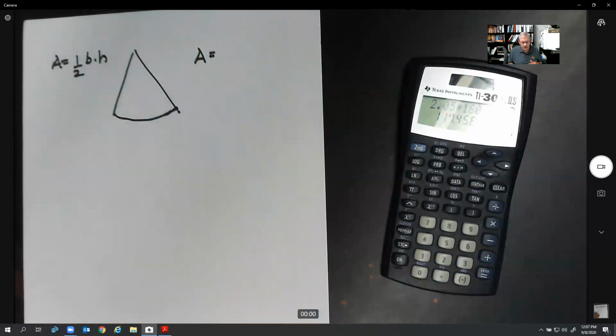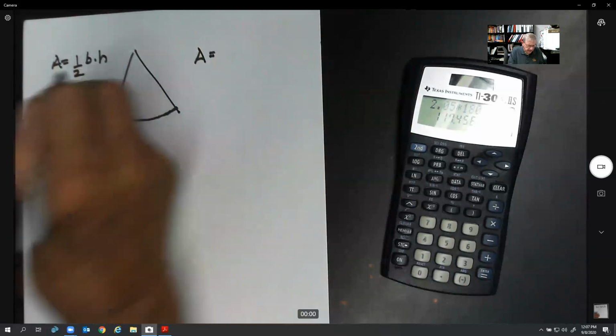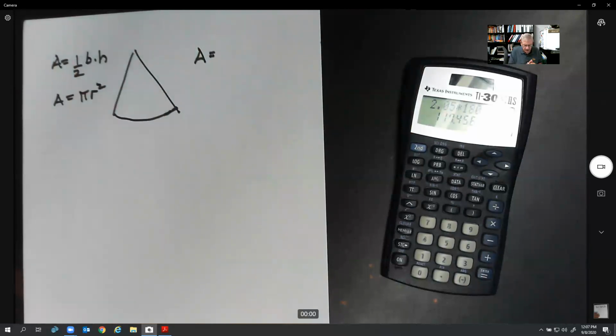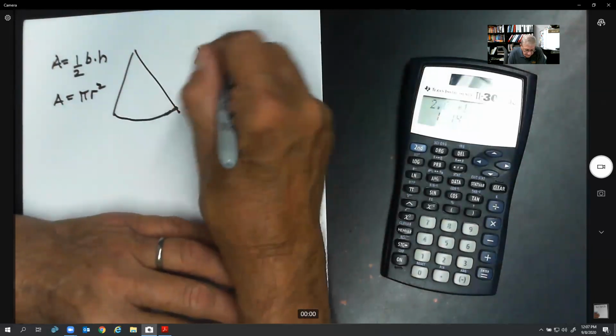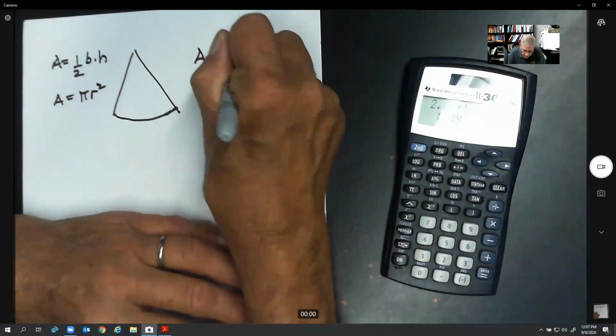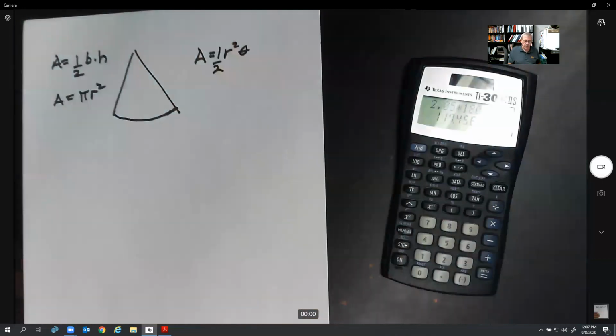And what's the area of a circle? Pi r squared. So you're kind of combining the best of both of these. When you put these together, you've got the r squared, you've got the theta, and you've got the half. So it's 1/2 r squared theta.